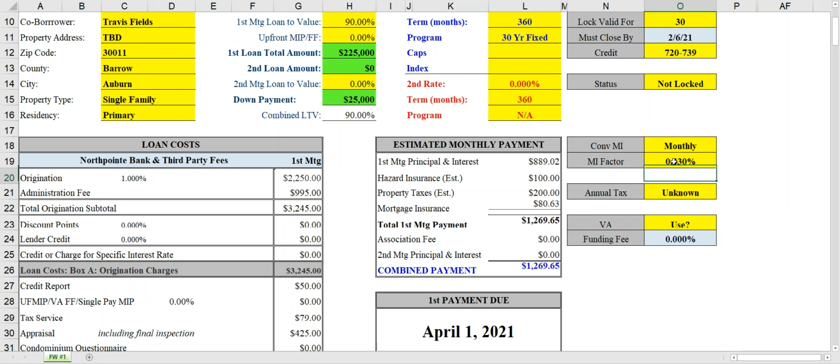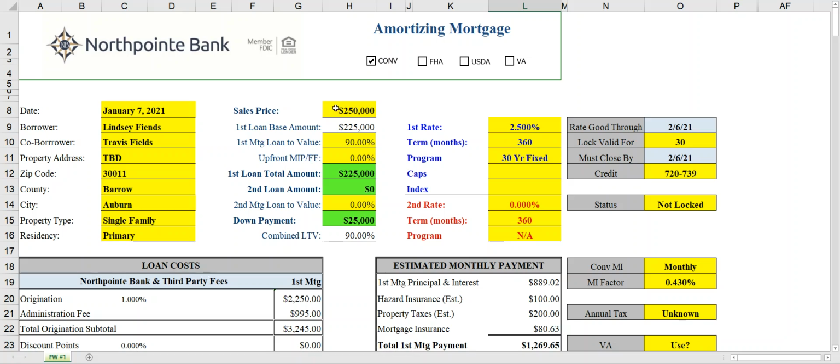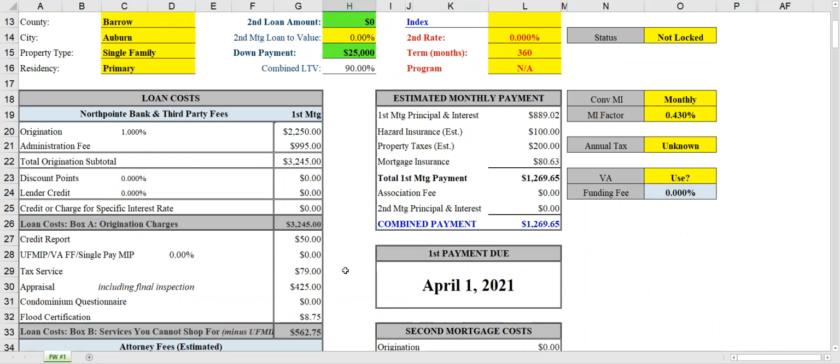Okay, excuse me for that. So we're looking at that all in of about $1,270. That's what we really need to keep this under in order to qualify. Anything over that, I don't think we'd be able to qualify. So we could purchase a smaller house, or we're going to have to shop for our hazard insurance. We'll cross that bridge when we get there, but let's just keep in mind that $250,000 sales price for now.